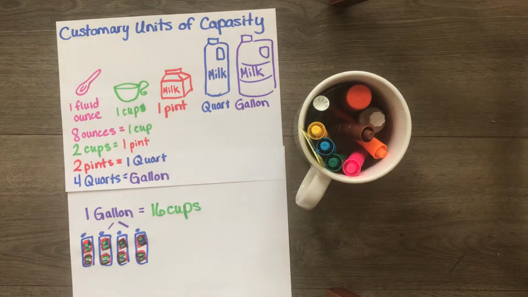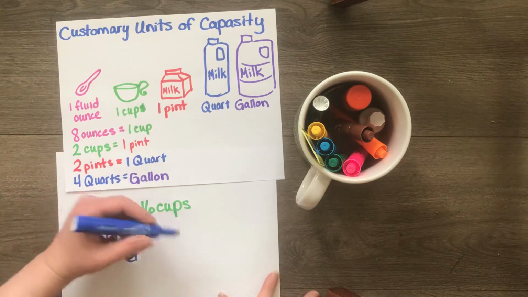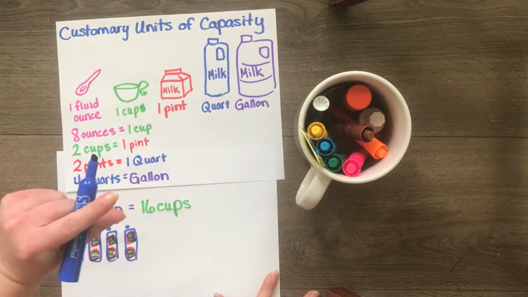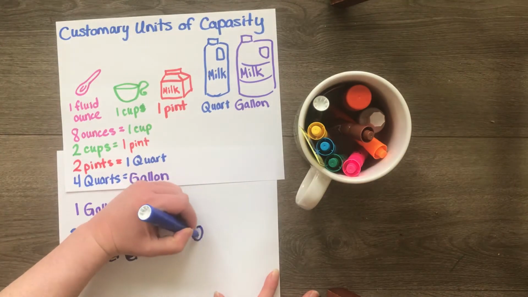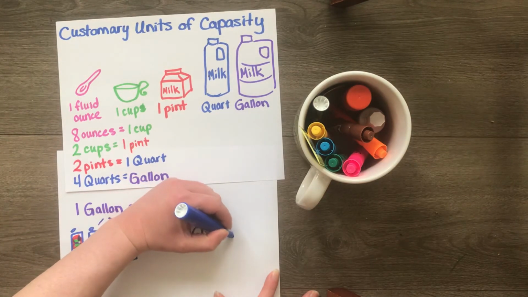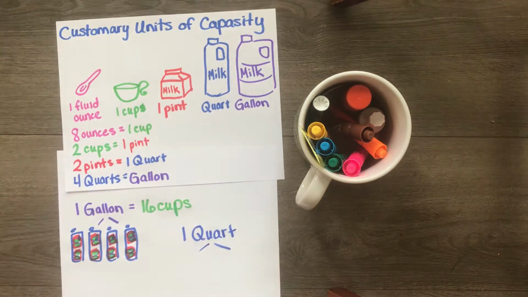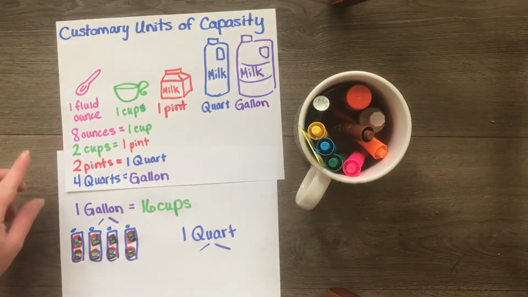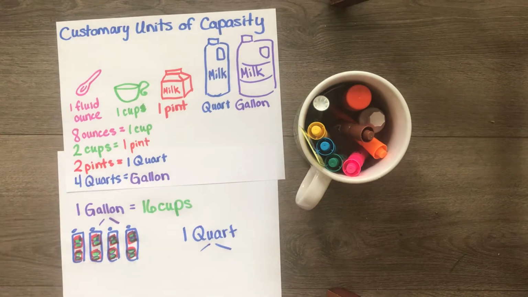Pretty crazy, right? How about this? What happens if I wanted a little bit smaller amount of punch? Maybe I wanted 1 quart of punch, and I wanted to know how many ounces I needed in order to make a quart of punch. Let's see here. I know that 1 quart is equal to 2 pints.